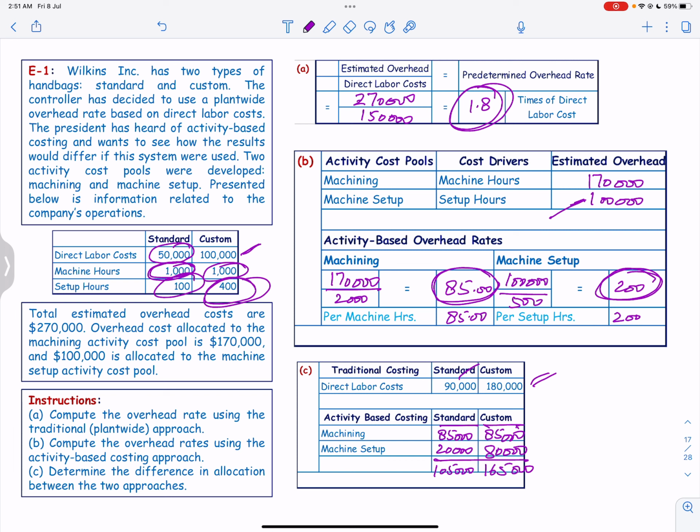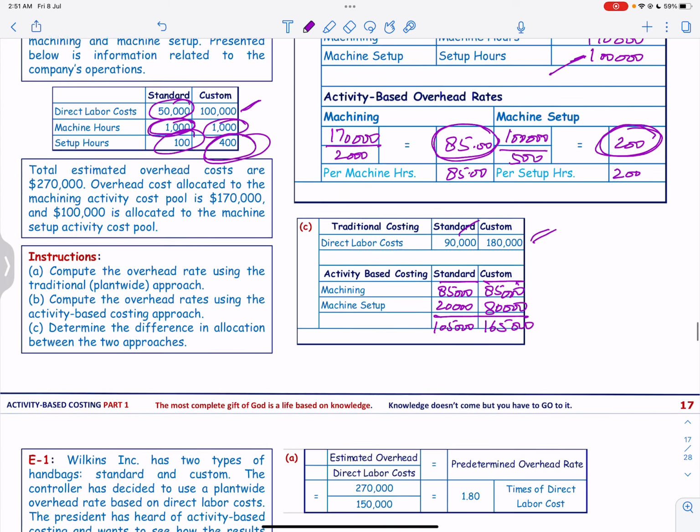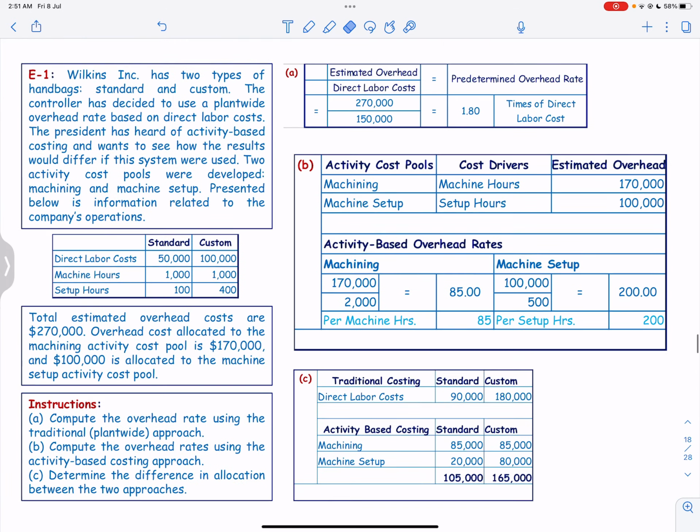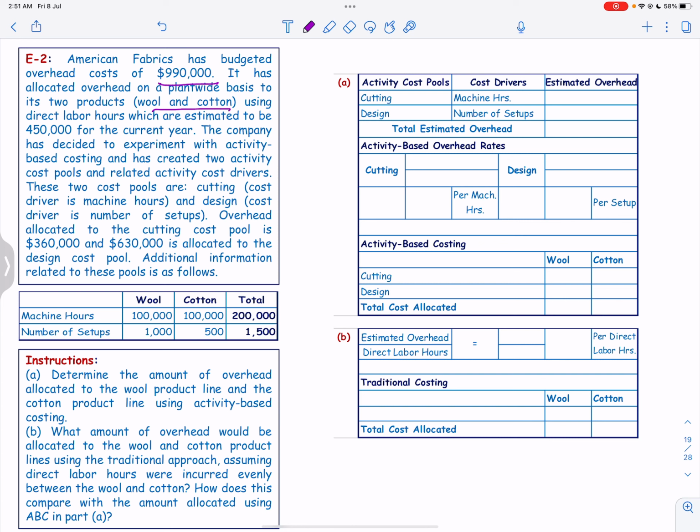So that's how we can find the difference. And again, it has been solved over here for your convenience if you find difficulty in reading my handwriting. And we go for another example over here, that is American Fabrics has budgeted overhead cost of 990,000. It has allocated overhead on a plant-wide basis to its two products, wool and cotton, using direct labor hours which are estimated 450 for the current year.